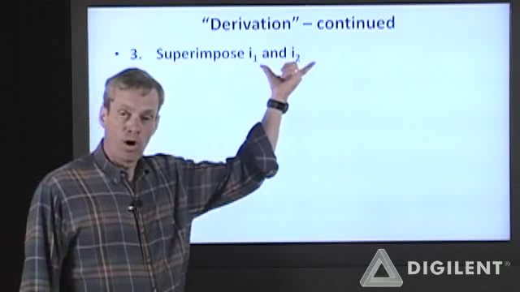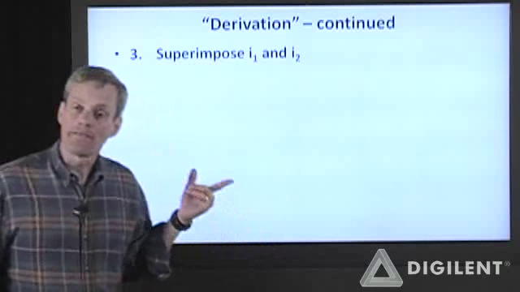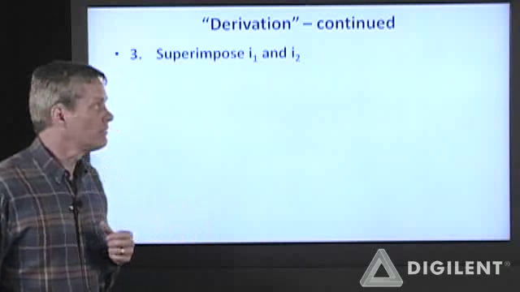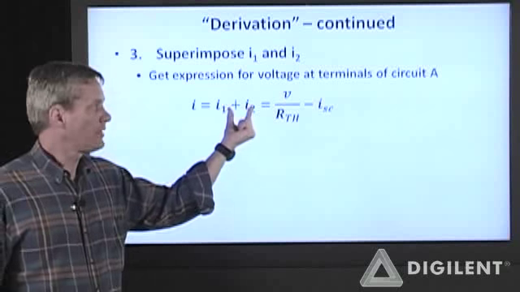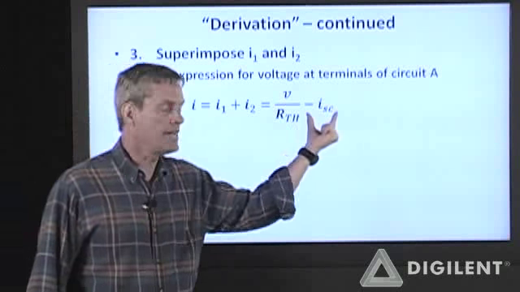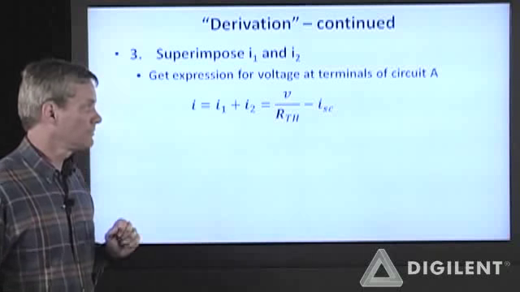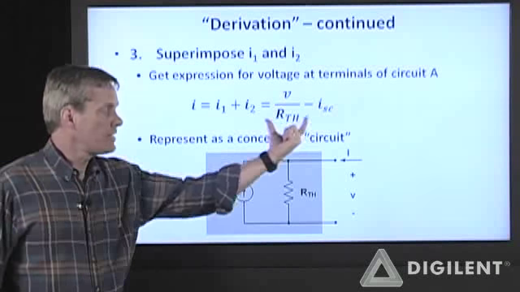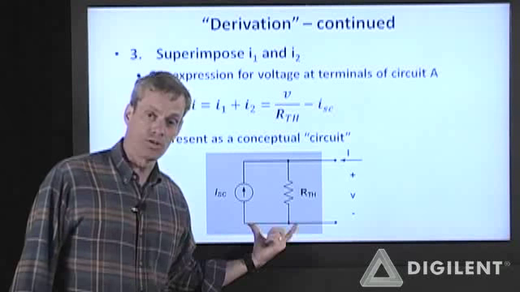Now I'm going to superimpose the two components that contribute to the total current at the terminals of my circuit. So I is now I1 plus I2. I1 was V over RTH. I2 was the negative of the short circuit current I sub SC. This corresponds to a conceptual physical circuit.